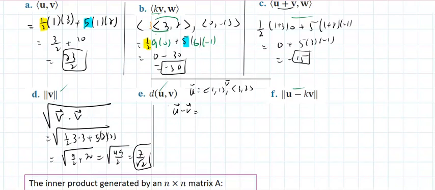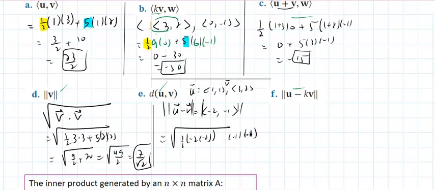U minus V is negative 2, negative 1, or 2, 1, however you want to see it. And if I take the distance of that, that's going to be the magnitude of this. That's going to be the square root of negative 2 squared times 1 half, and negative 1 squared times 5, and you add those. So that's going to be the square root of 2 plus 5. That's the square root of 7.